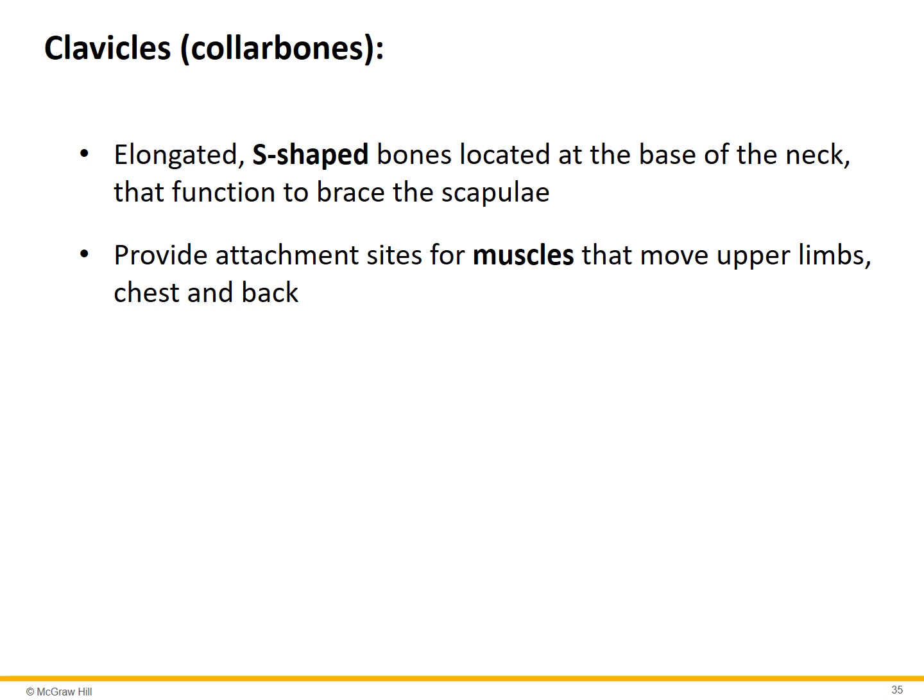Right, so clavicles provide attachment site for muscles that move the upper limbs, chest, back. When we do muscles, one of the muscles that we study is the sternocleidomastoid that originates on the sternum and clavicle, extends to your mastoid process, and allows you to turn your head.